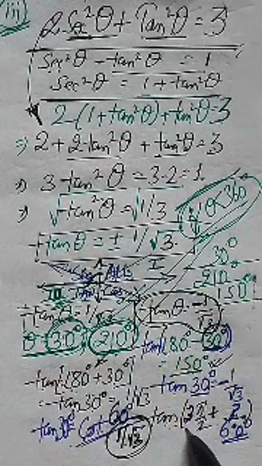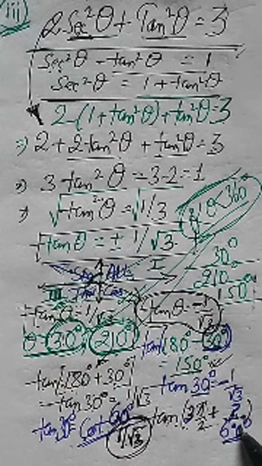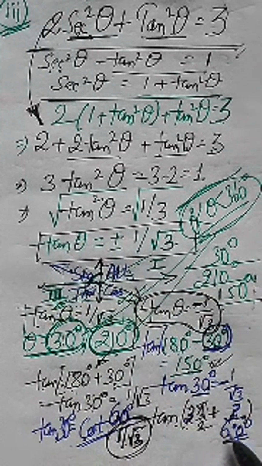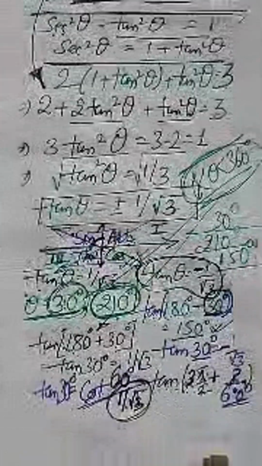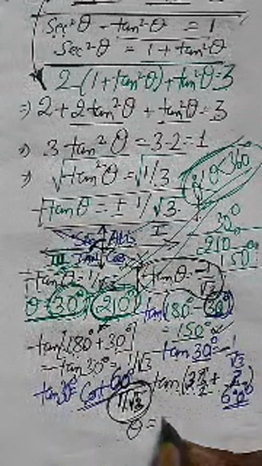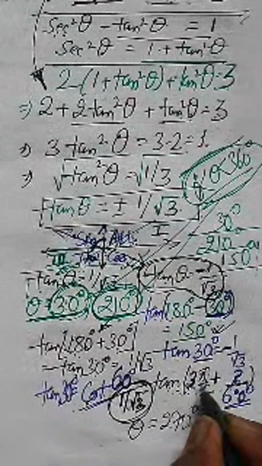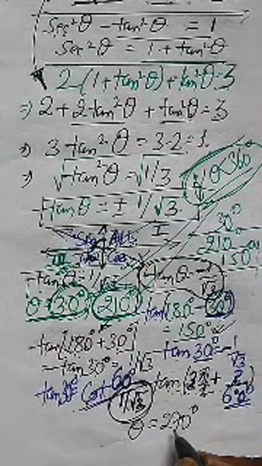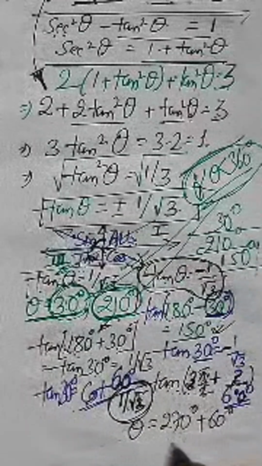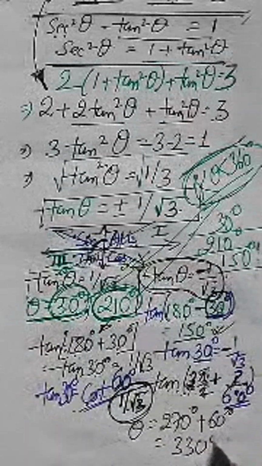So this will be 3 pi by 2 plus 60, that means 3 into 90, 270, plus 60. So this gives the fourth value of theta as 270 degree plus 60, that is 330 degree, right?